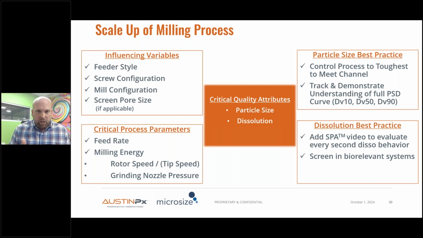And so when we develop a process, we tend to, depending on the distribution that we're talking about, develop that process and control it to the most difficult to control channel, and the others will fall in line. So if oversize is the issue or large particles is the CQA issue that we're trying to control, then we'll control to a D90, but still track a DV50 and a DV10 to understand what those are.